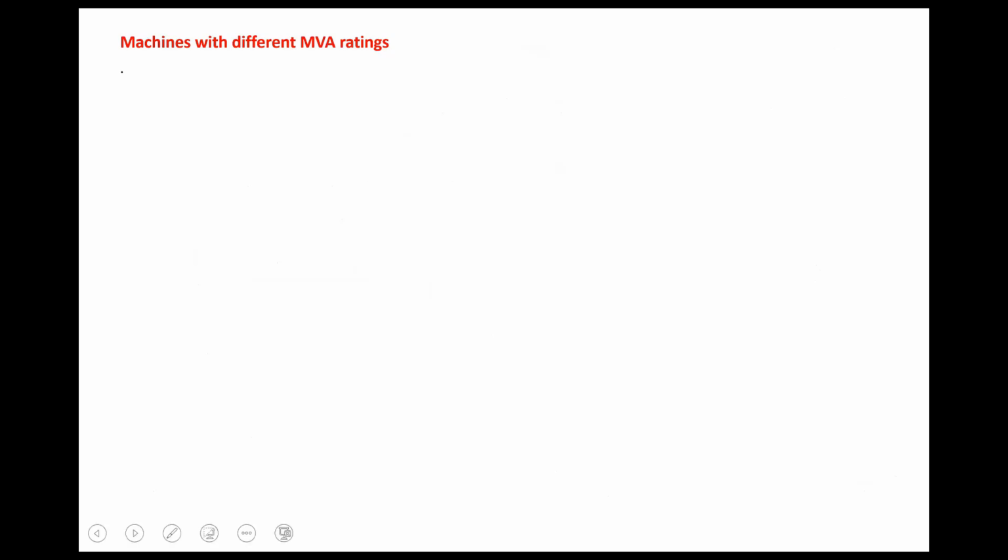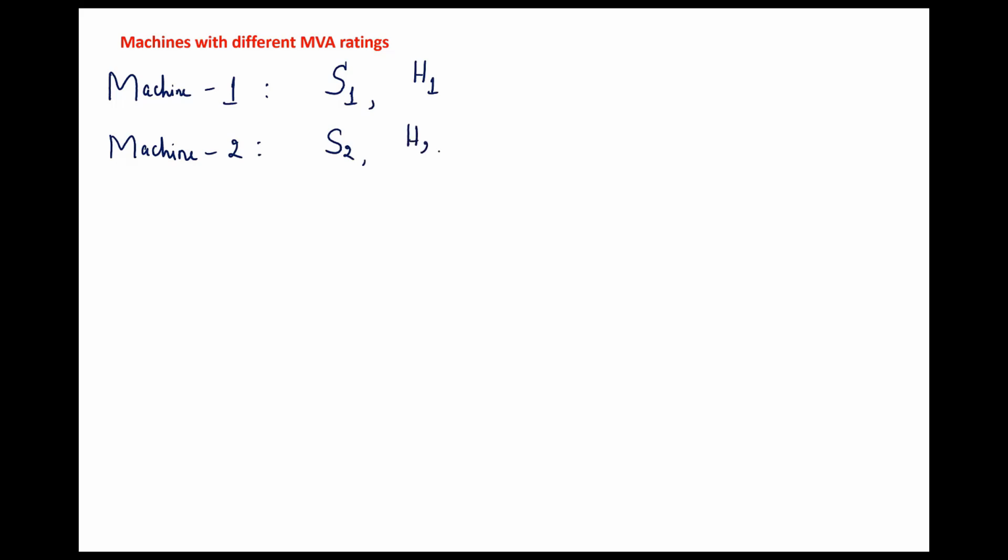For example, let us say machine 1 is having an MVA rating of S1 and inertia constant of H1, then machine 2 is having an MVA rating of S2 and inertia constant of H2. Now both the machines are having different MVA ratings. Then how can we calculate the H equivalent?